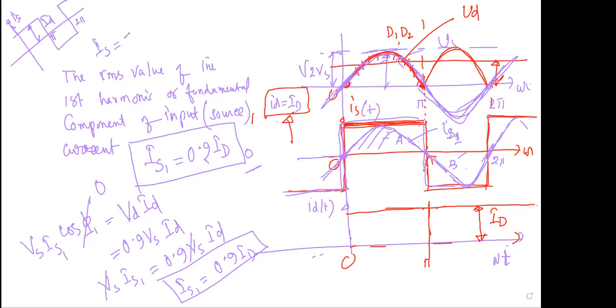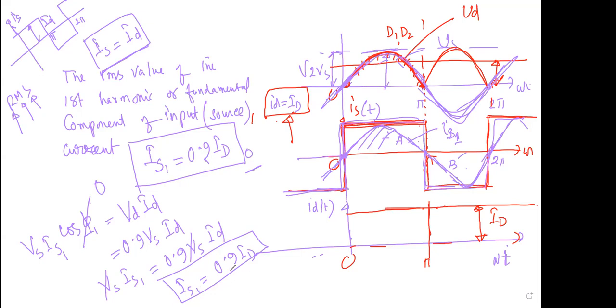You have to square it, then take the mean, then take the root. Then you will get the ID. You check. So the RMS value of the total current will be just the peak value of the current. You understand it or not? You can do the mathematics later.